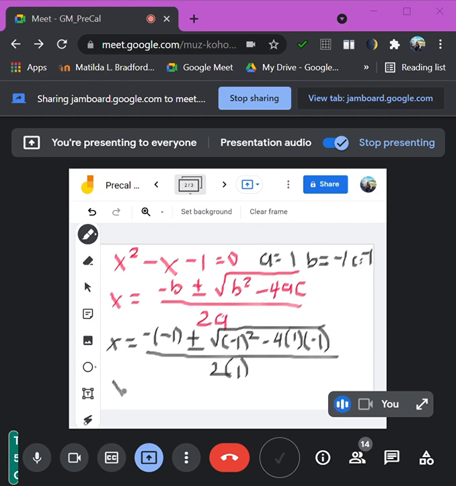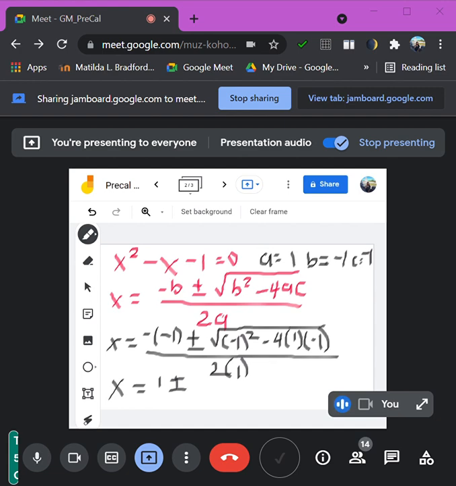And then x is equals to this one negative, negative, that is positive. And then plus, minus. And then atong i-simplify, pila ni siya? Negative 1 squared minus, solve daw class. Negative 1 squared, that is 1. And then negative 4 times 1, negative 4.